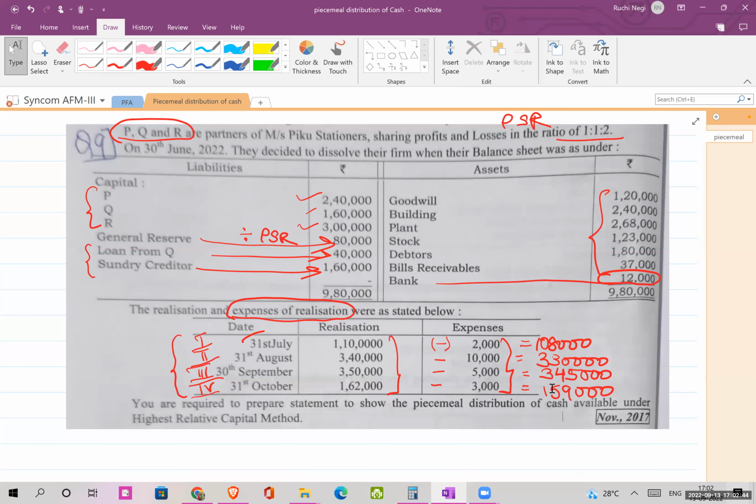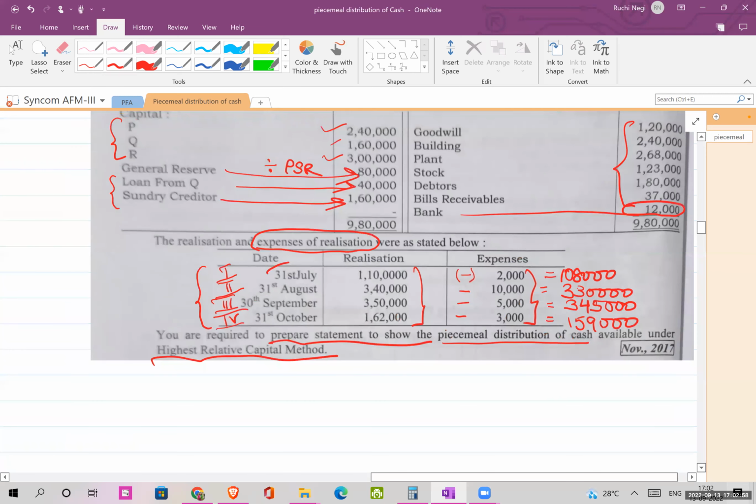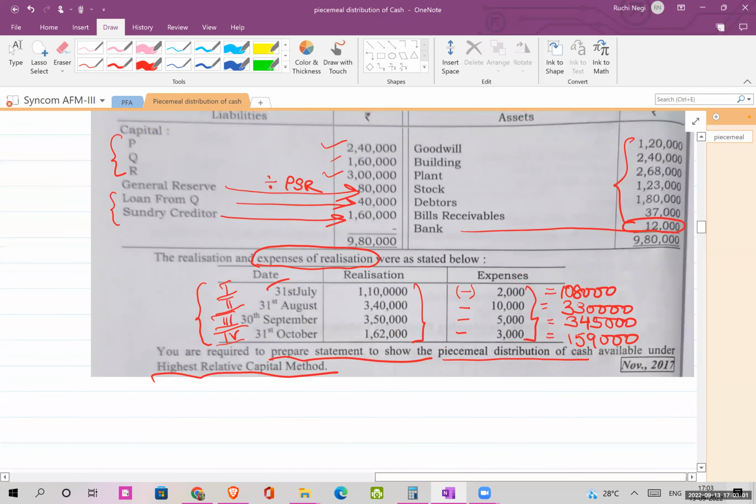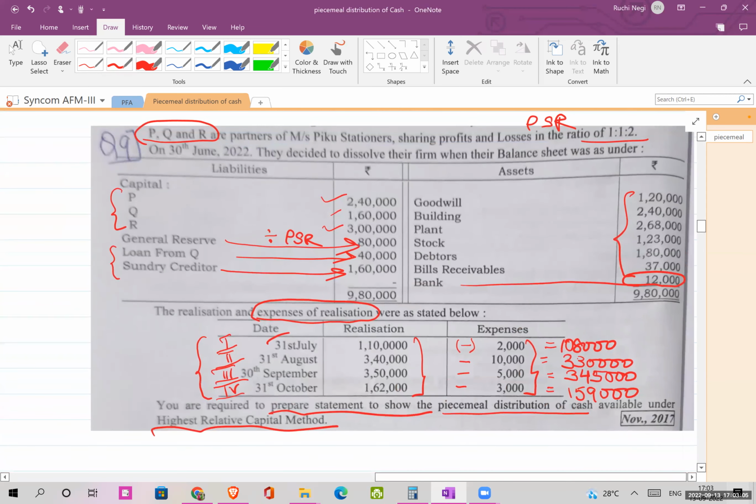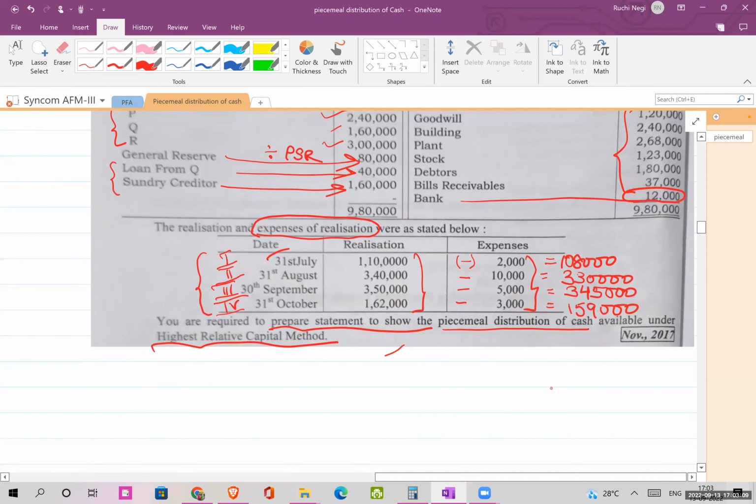Correct? So you are required to prepare a statement to show the piecemeal distribution of cash available under the highest relative capital method, which is also known as the excess capital method. Okay. So last lecture in theory, what did I discuss with you? That when you are doing piecemeal distribution sums, what are you supposed to do? Your solution will be divided into 3 parts. Which 3 parts?